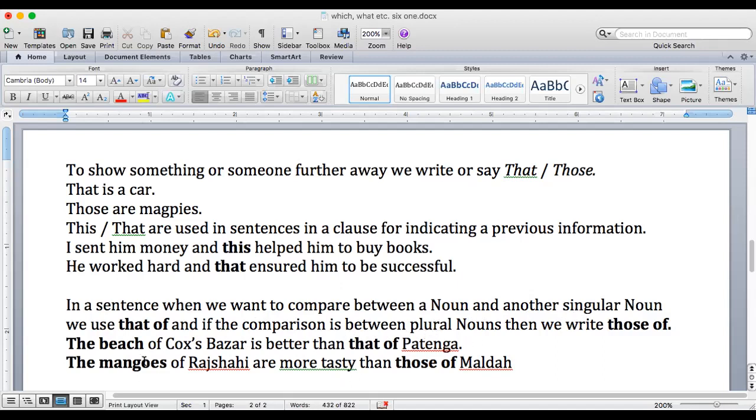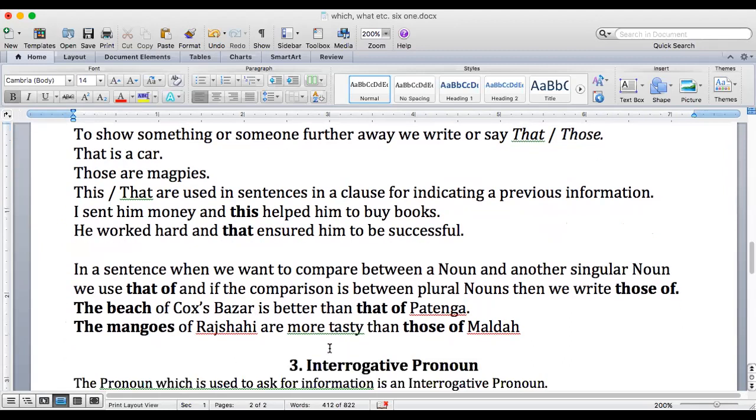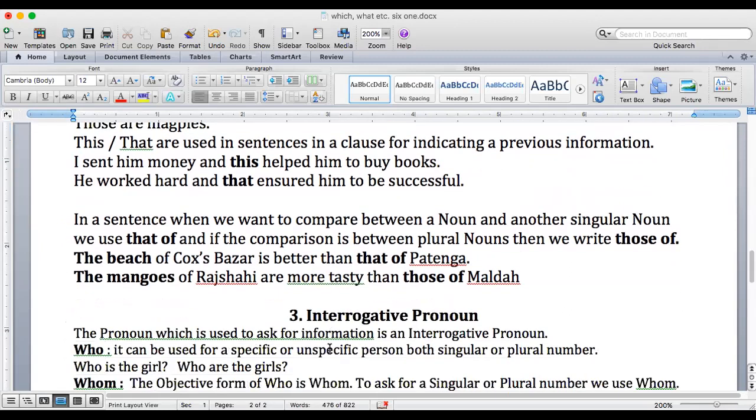The mangoes of Rajshahi are more tasty than those of Malda. So they are comparing the beach, so that of. They are comparing mangoes, so those of Malda. Okay, they are more tasty. So that of and those of. All right, so we learned those.